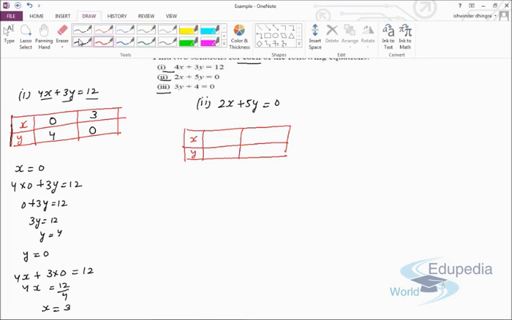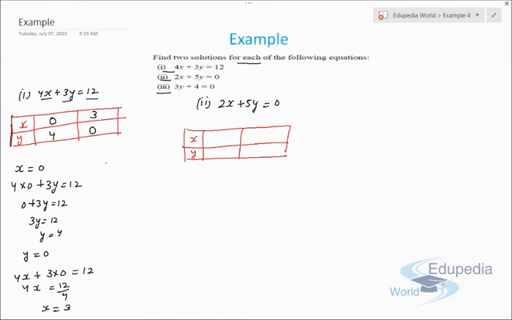Again we solve for the values. We take x as 0. What we get is 2 into 0 plus 5y equals 0. So 5y equals 0, so y we get as 0. So the first value is 0 and 0.